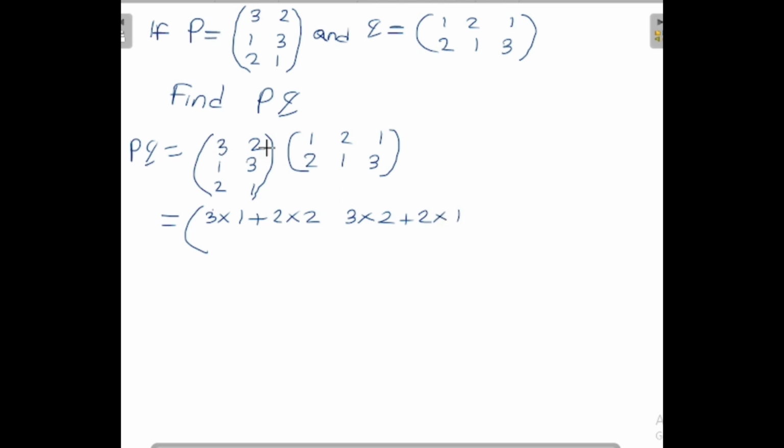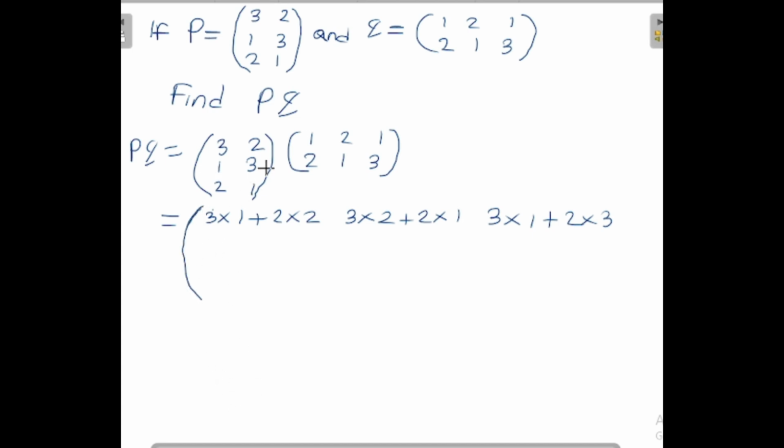Then this row again, multiply this. So here will be 3 times 1 plus 2 times 3. So I'm done with that part.